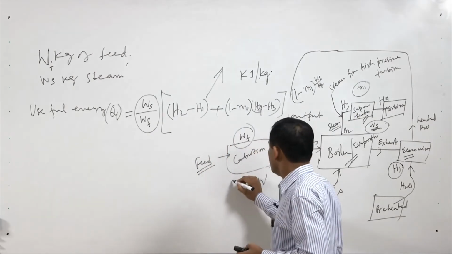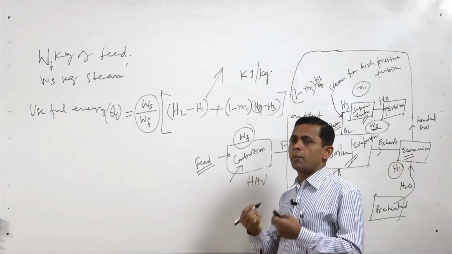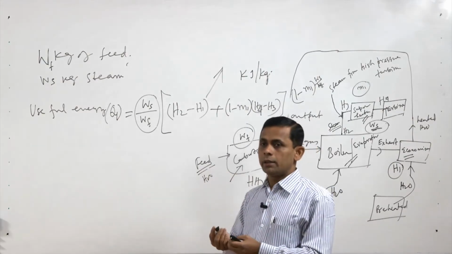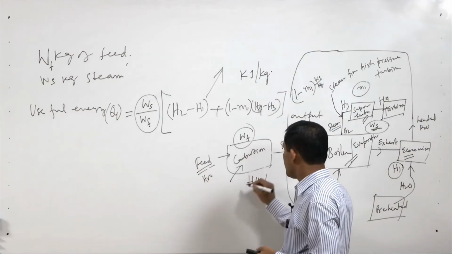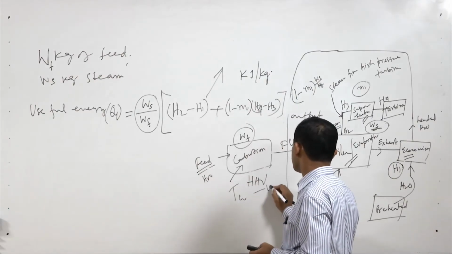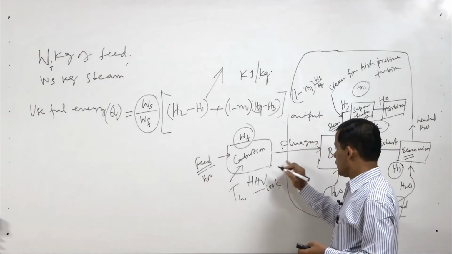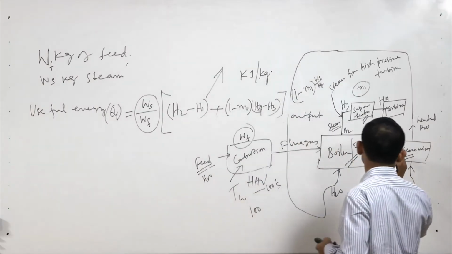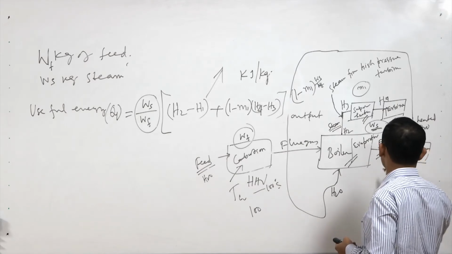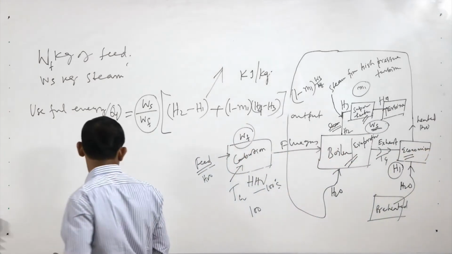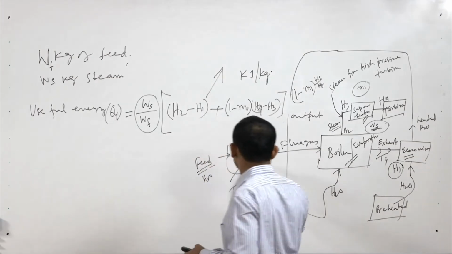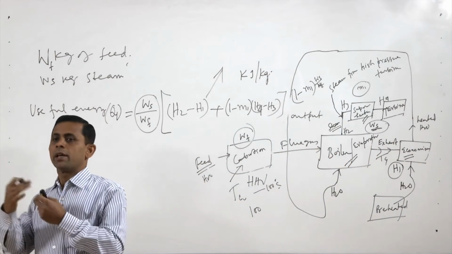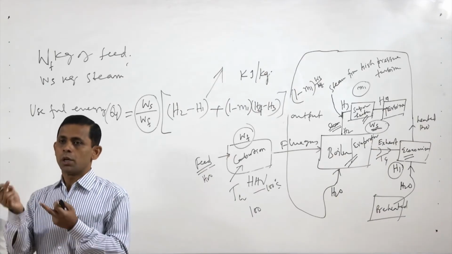So, heat which will be liberated here in the combustion chamber, some amount of heat will be consumed by the water available in the feedstock, to raise its temperature from the ambient temperature, say Ta, to 100 degree centigrade in the boiler, 100 degree centigrade for its vaporization, and then 100 degree centigrade to the exit gas temperature.